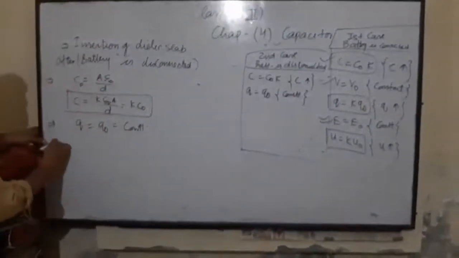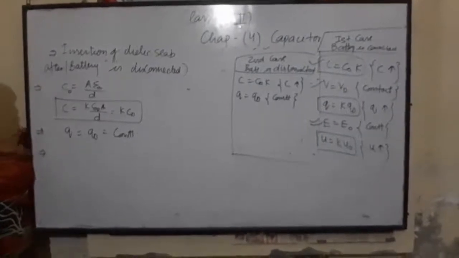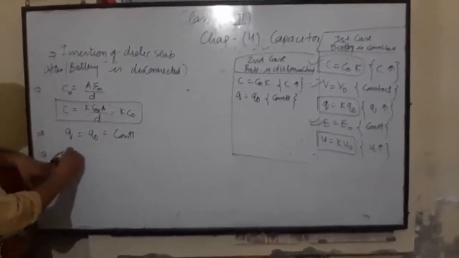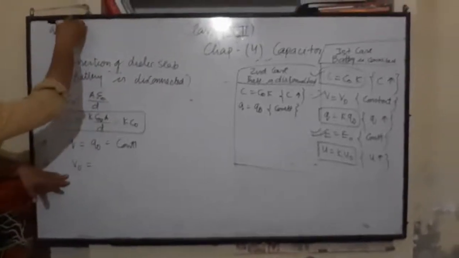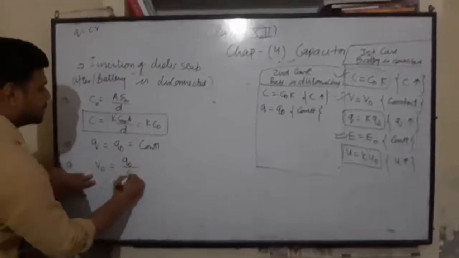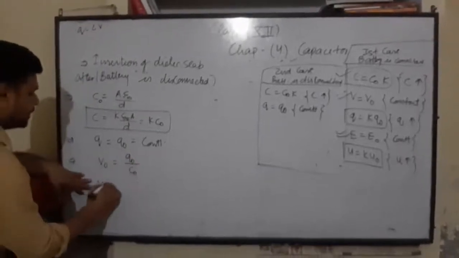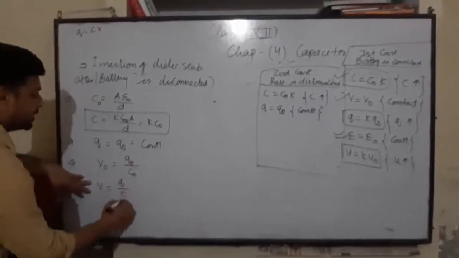Now we will calculate the potential difference across the capacitor. Initial potential difference V naught is equal to Q naught over C naught, from the formula Q equals CV. Final potential V is equal to final charge upon final capacitance.